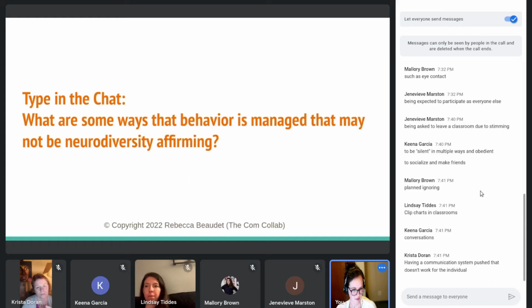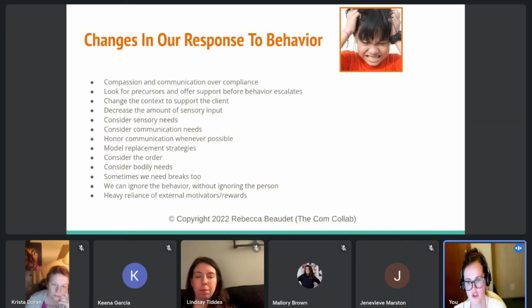It really should be a collaborative process. And that's not to say that students or children shouldn't have limits and boundaries, of course. But thinking really intentionally about which demands or limits or boundaries are actually necessary for their development, for their safety, and I'm talking physical and emotional safety.